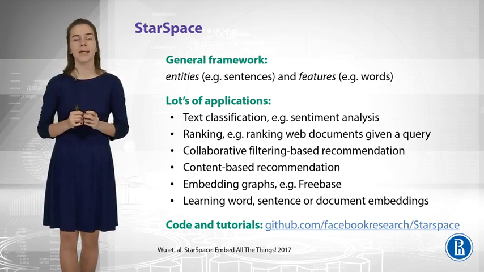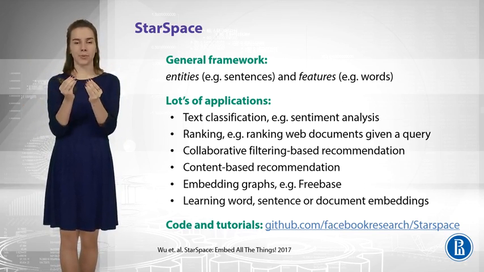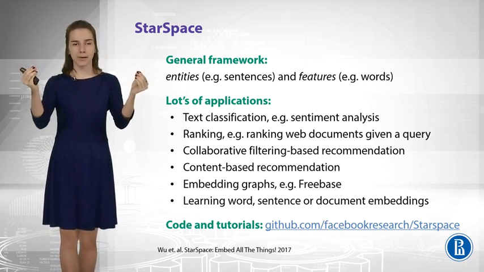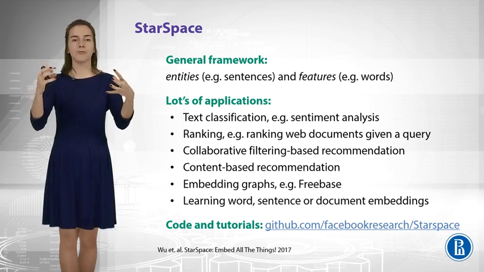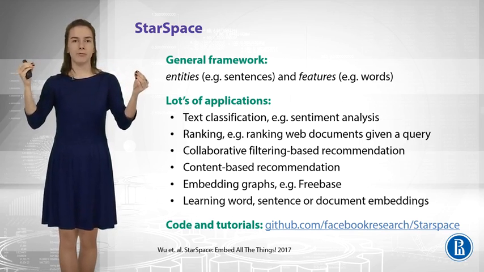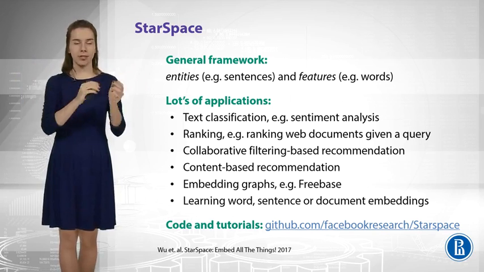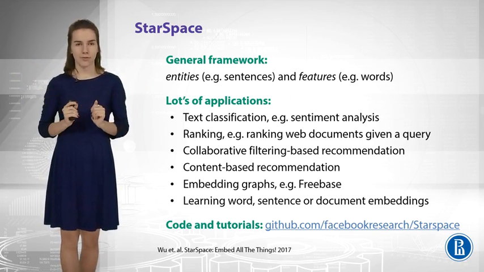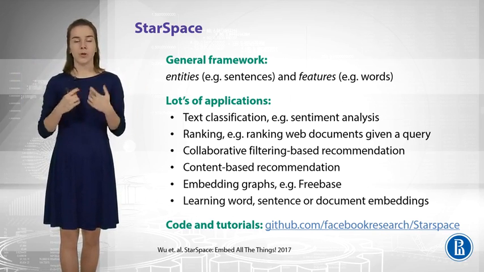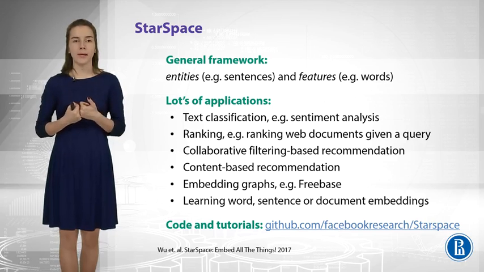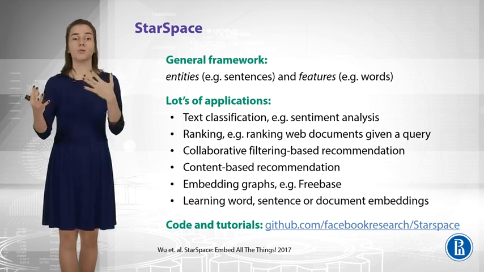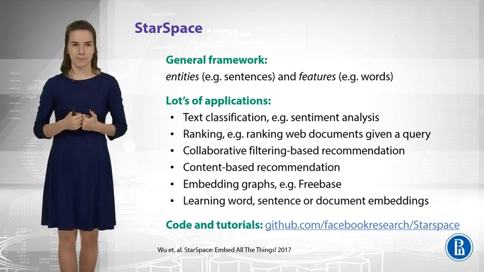So we'll say that the similarity measure between the document and the label should be high if this label can be found in the supervised data for this document, and low vice versa. So you build the model and you get the embeddings for labels and documents and words in the same space.